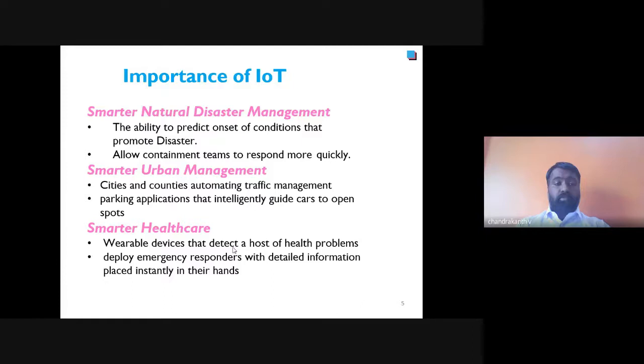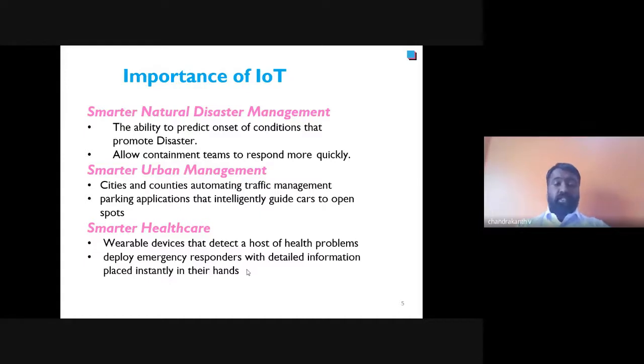Also, when you go to hospital, there might be some finger clips put on you to check your SpO2 levels, that is the oxygen level in your blood, and there are other tests also. All those things which you have to go to hospital to get done can also be done at your place, and the data could be shared over the net with the doctors, and they could take certain decisions and give you the medications.